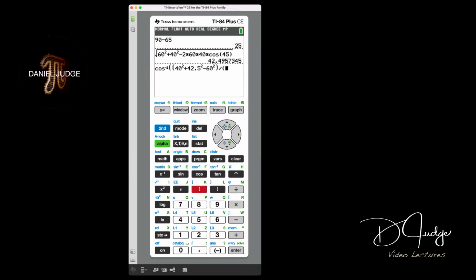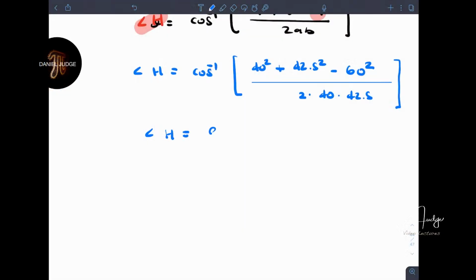Close that, divided by 2 times 40 times 42.5. You close that twice. And ladies and gentlemen, you get 93.3 degrees. Okay, now I guess we can go with 93 degrees. It's going to approximate just as an exercise. In reality, we probably have to be much more accurate than that to guarantee we get home, or at least in sight of home.